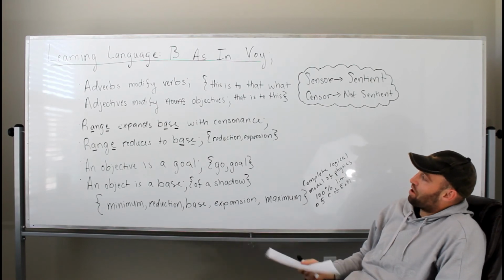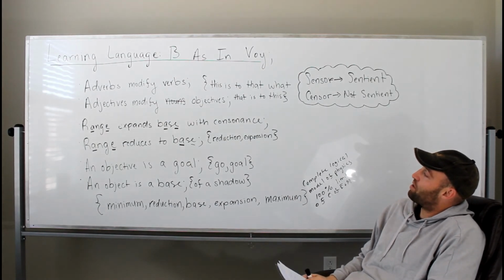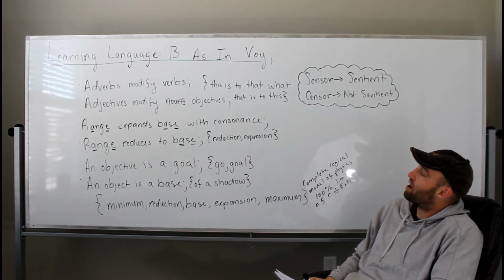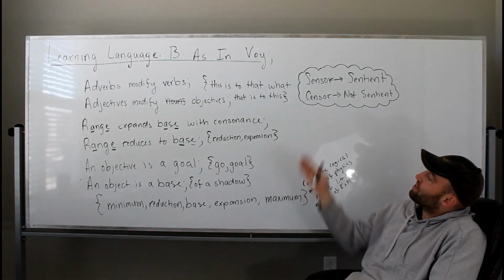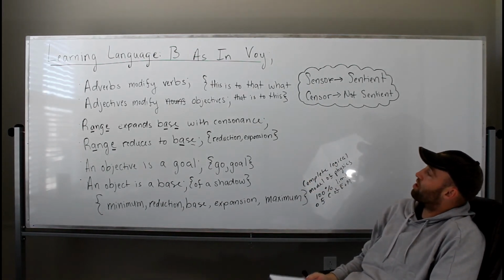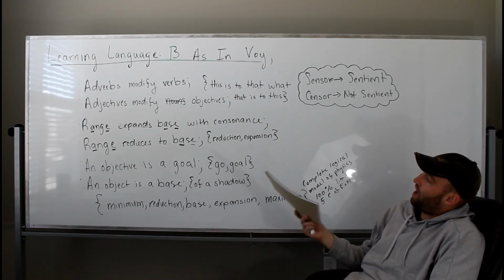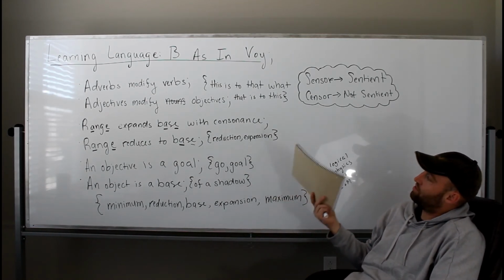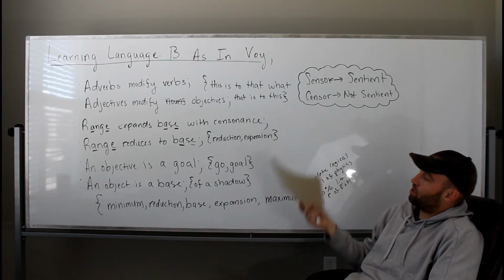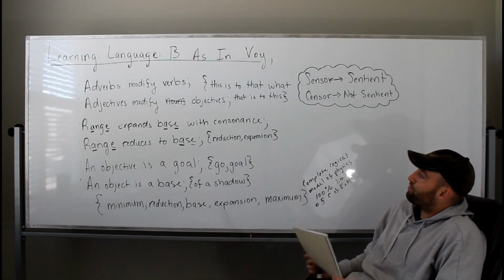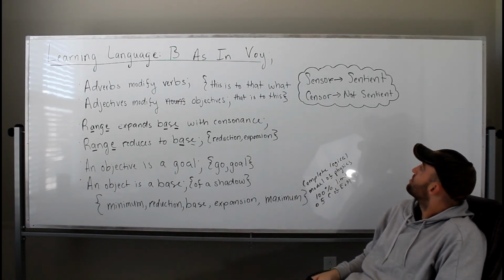Right now, in structured linguistics, you'd say adjectives modify nouns. No, adjectives modify objectives. Our fundamental form, our general form of analogy: this is to that what that is to this. Adverbs are to verbs what adjectives are to objectives. There's our fundamental linguistic analogy.